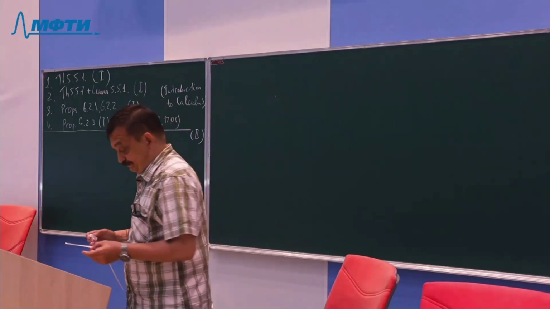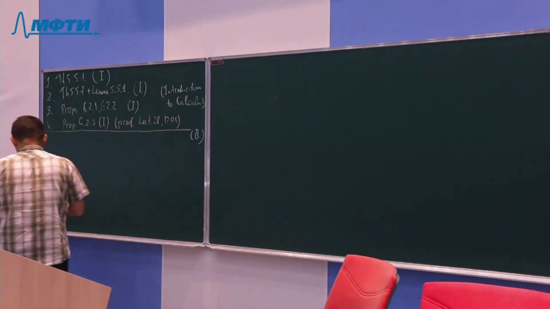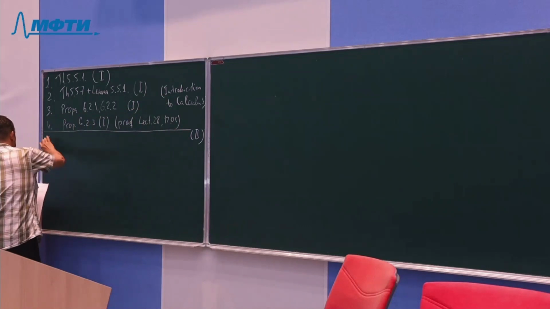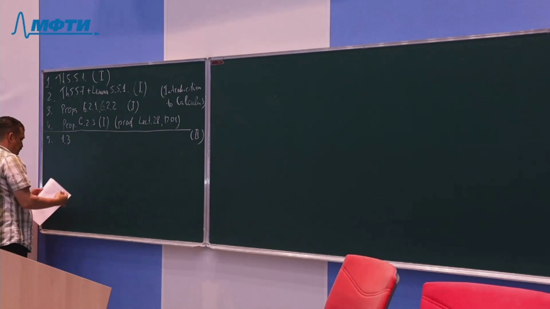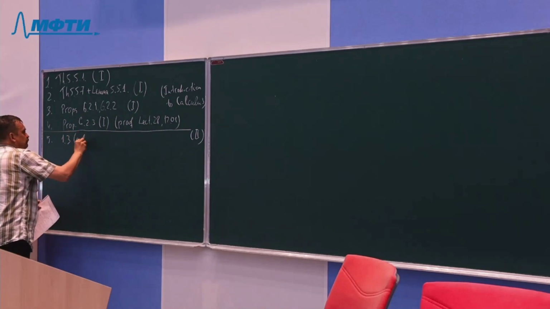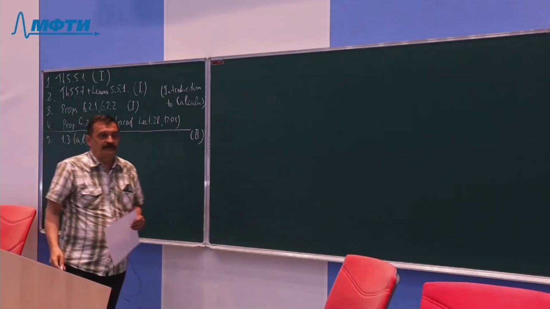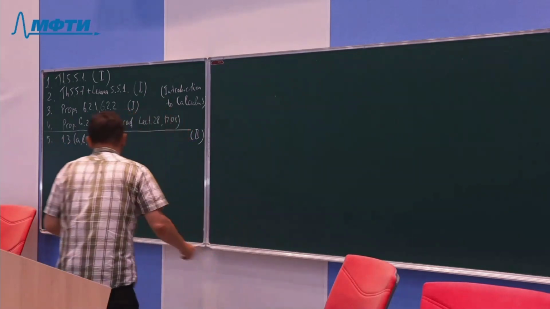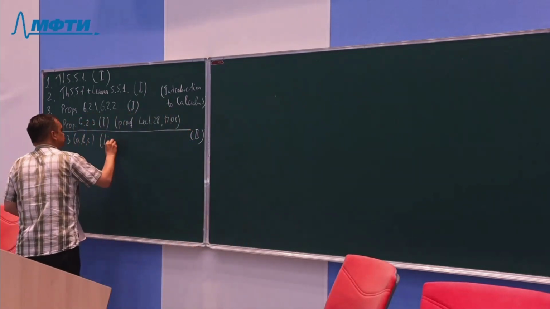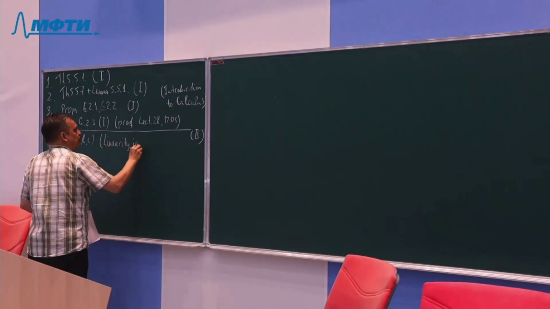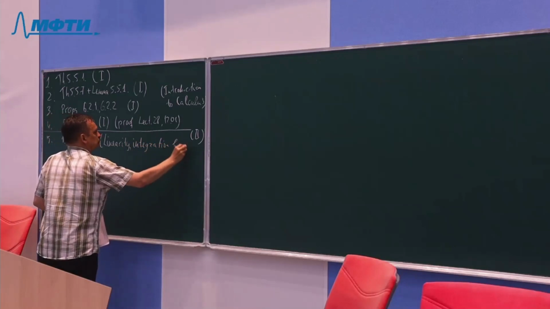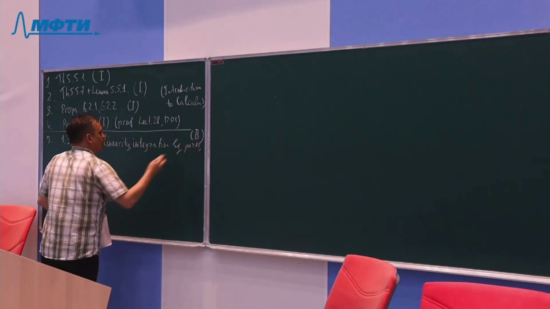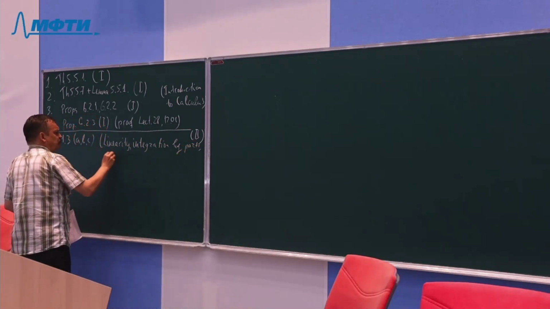Okay. Fifth question, basic general methods of finding a primitive. That is section 1.3, ABC. What they are: linearity of the integral, integration by parts, and substitution.